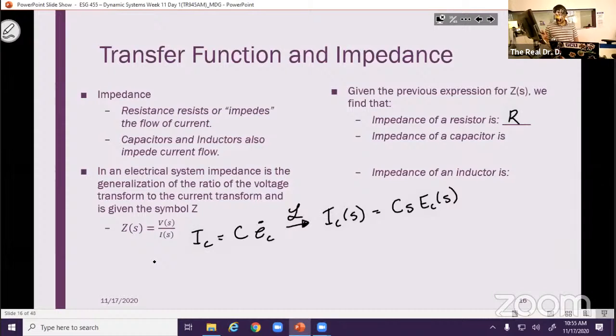I want my voltage divided by current, so E_C of S over I_C of S. That's going to be equal to Z_C of S, which is equal to 1 over CS.